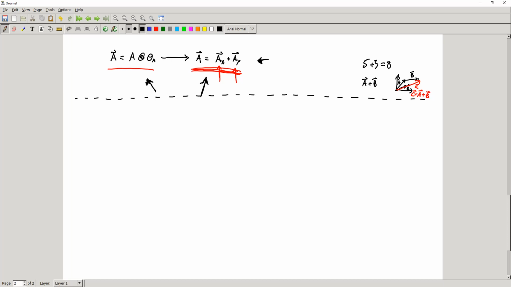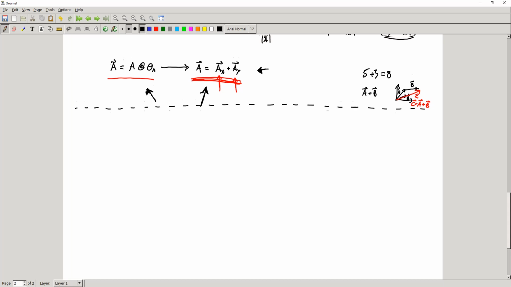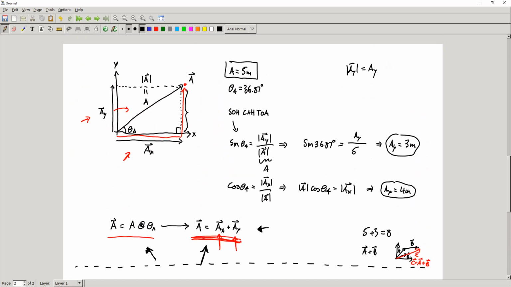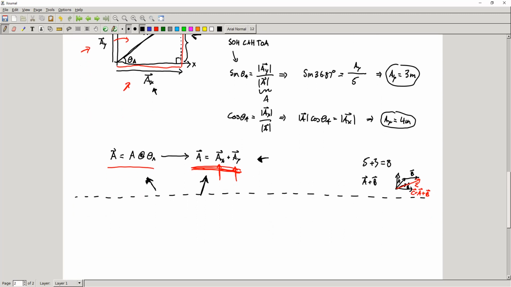Well, again, Pythagoras can guide us. If we have this ax magnitude, and we have the ay over here, this is some sort of triangle, right? Then clearly the sum of the squares of the two sides which are hitting our right angle is going to give us the square of the hypotenuse.